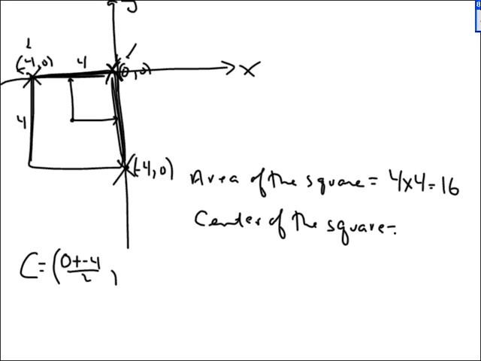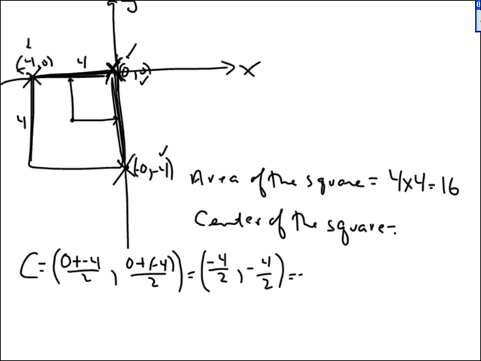And the y value will be the average, oops, that's wrong, sorry, that should have been 0 and -4, big mistake. It will be the average of those 2 numbers. And of course 0 plus -4 is -4, over 2, it's -2, -2. That is the center. -2, -2.